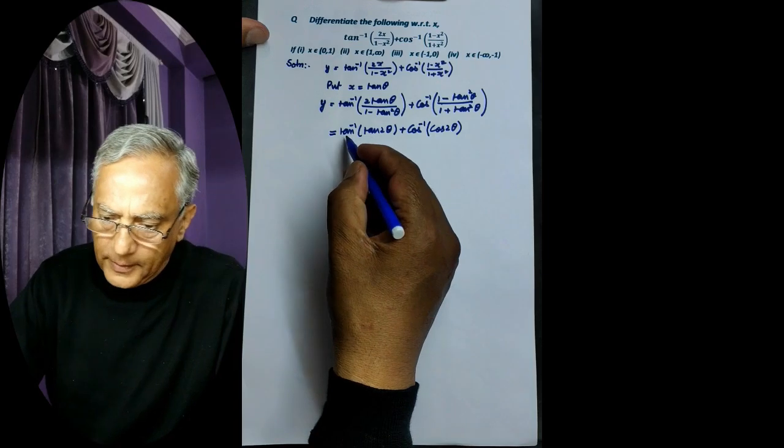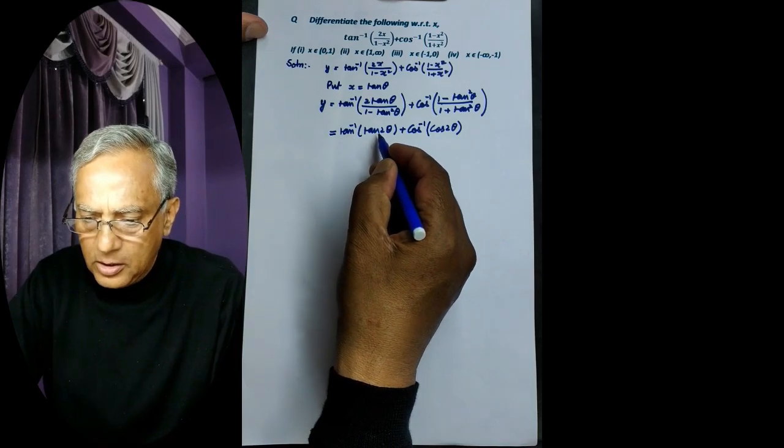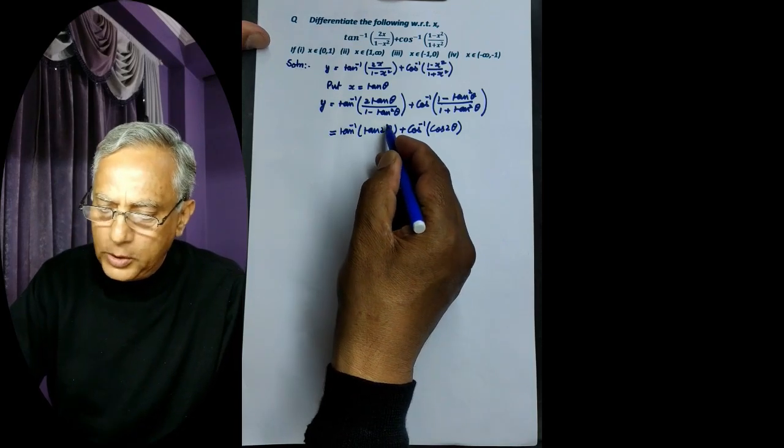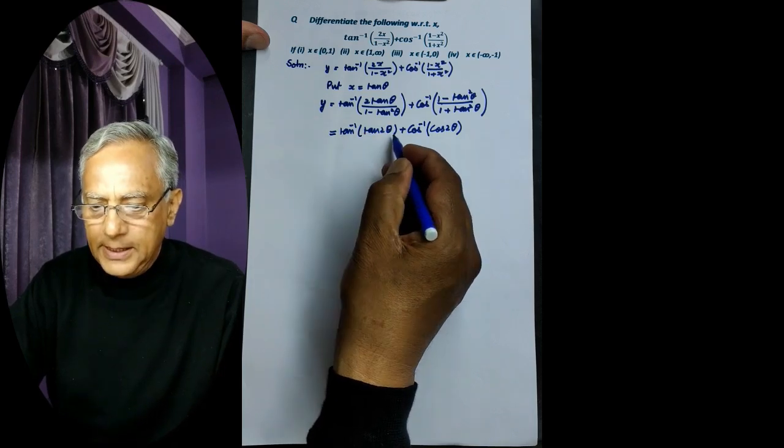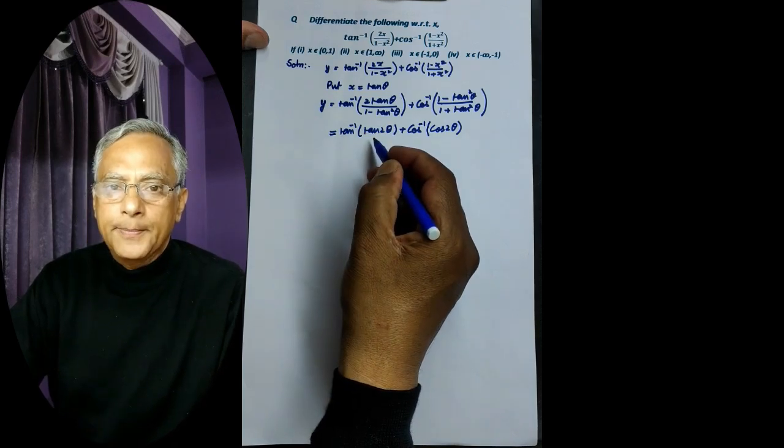Now tan inverse tan 2 theta will be 2 theta if 2 theta is in the range of this function.